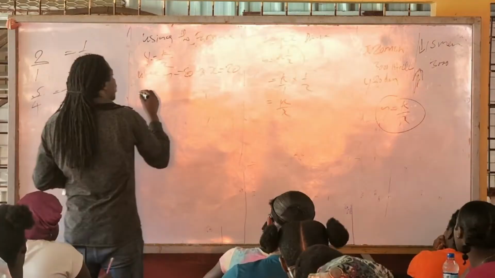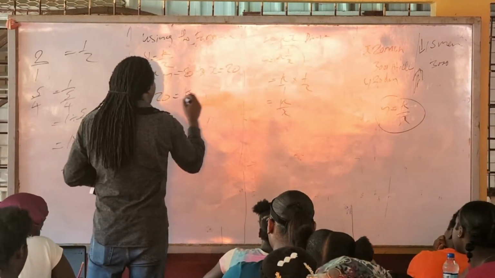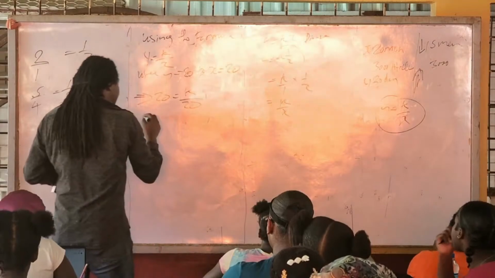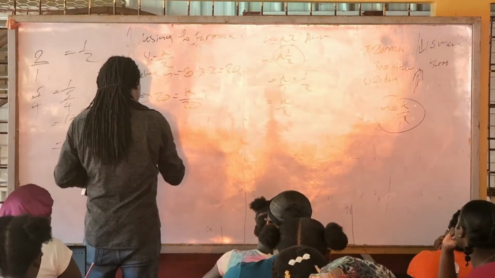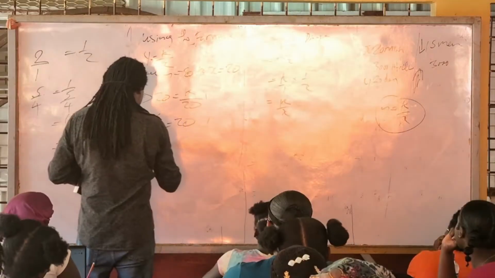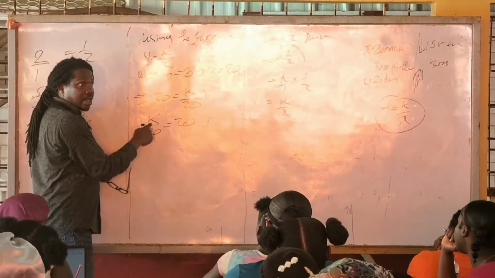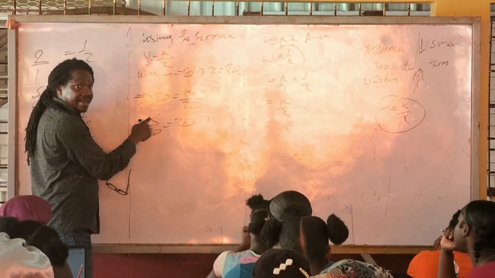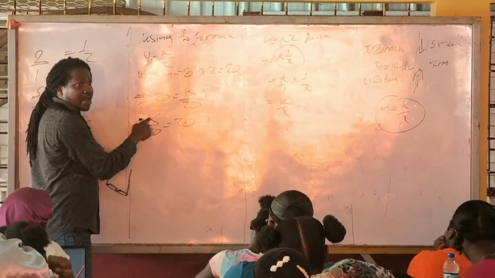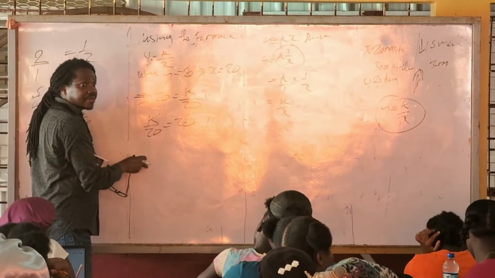Now I will say this implies that 20 equals k over 20. That means k over 20 equals 20. What's the relationship between the 20 and the k? It's a divide relationship. You see that? The line means divide by.